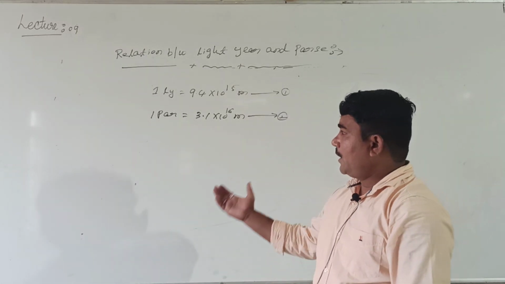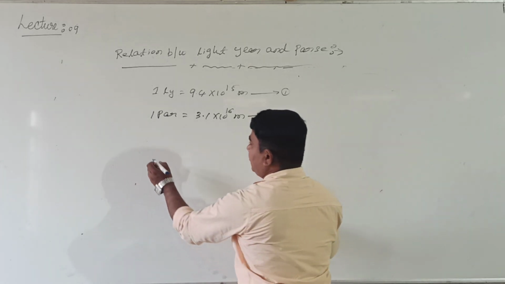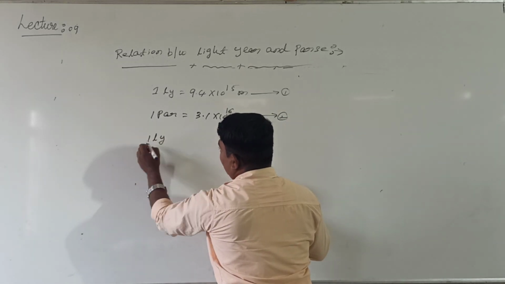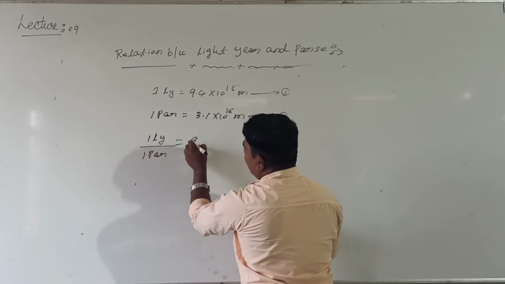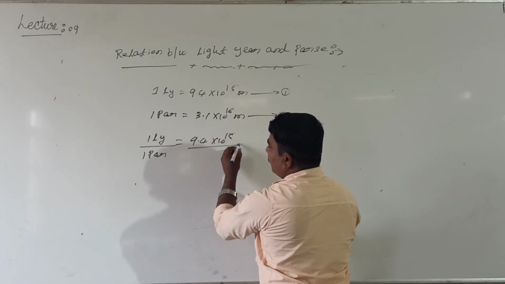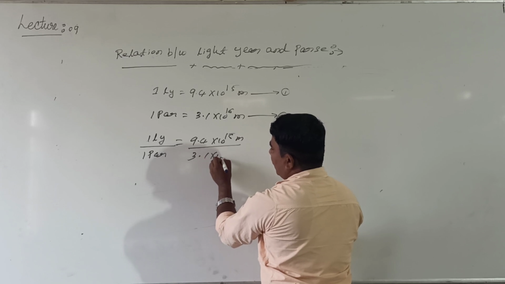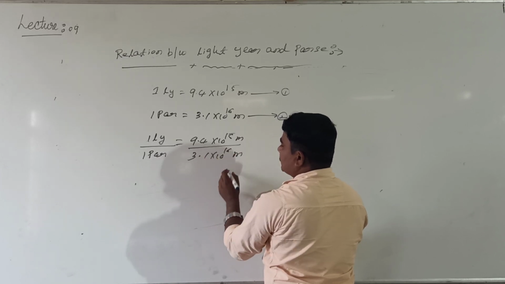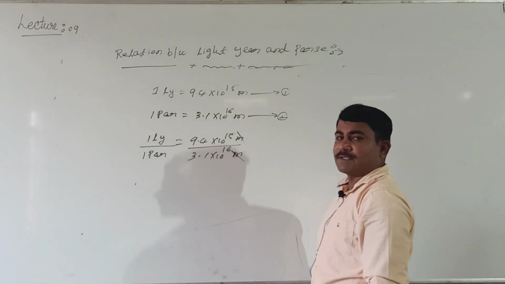Right? Now again divide equation 1 by 2. 1 light year divided by 1 parsec equals 9.4 into 10 raised to 15 meter divided by 3.1 into 10 raised to 16 meter. Meter gets cancelled.